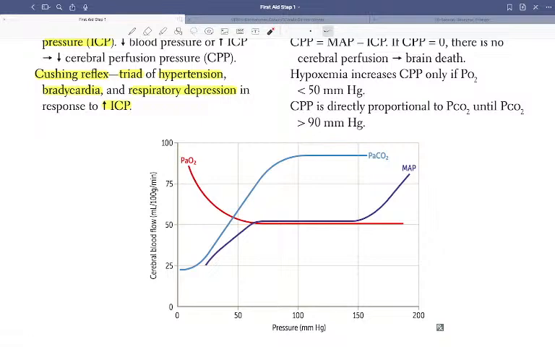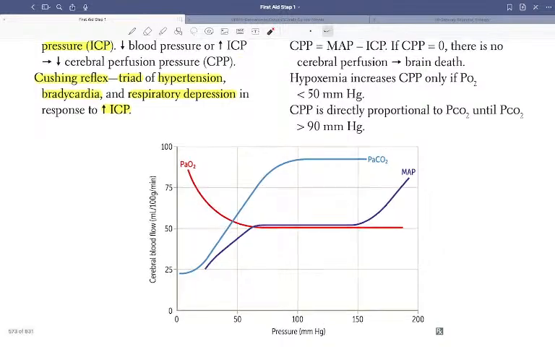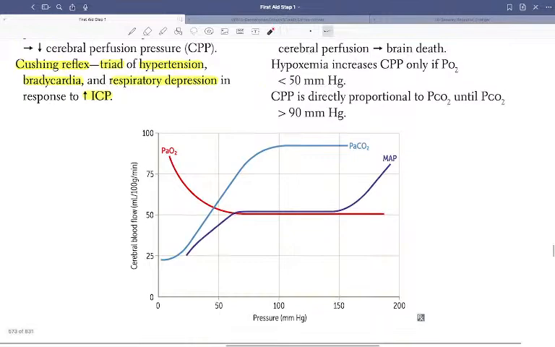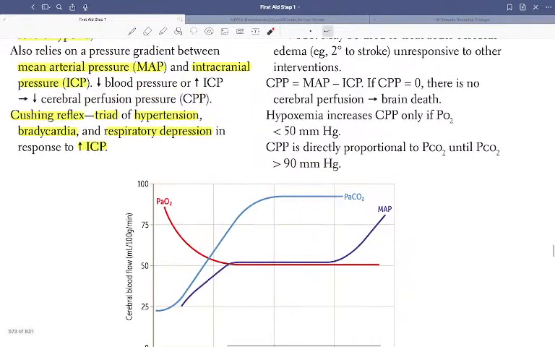This is hypoxemia. Hypoxemia increases CPP only if it is less than this. See, it is going down. The moment it has 50, then MAP is dependent on sensing this PO2 and therefore increasing.